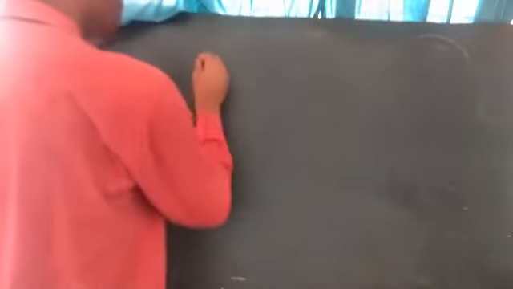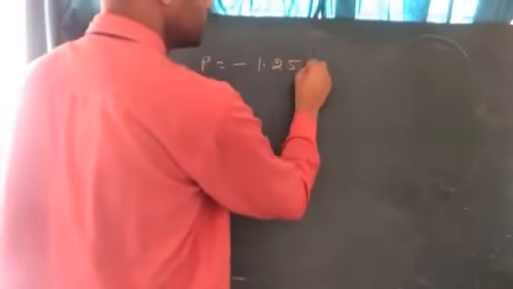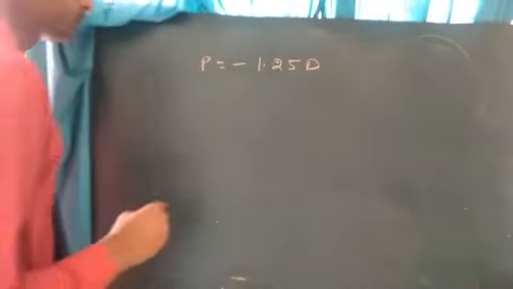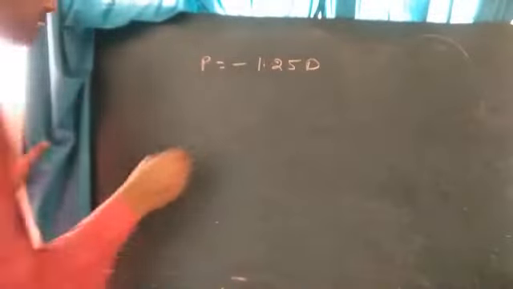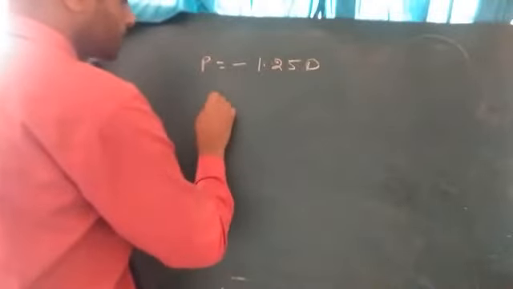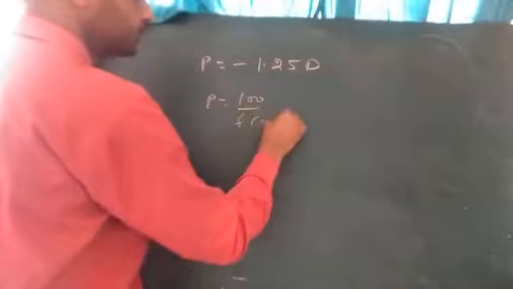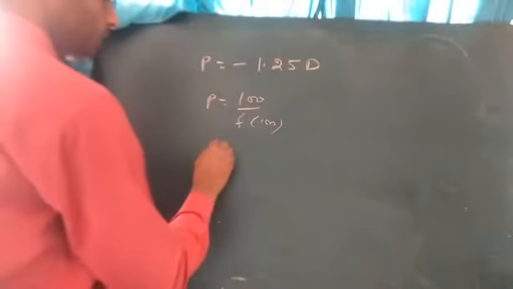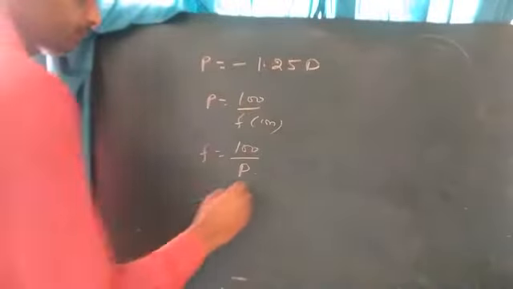So in this question, the power is given minus 1.25 diopter. So as you know, the relation between focal length and power, P equal to 100 upon F, F in centimeter. So F equal to 100 upon P.